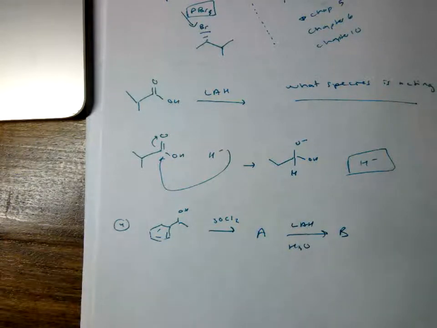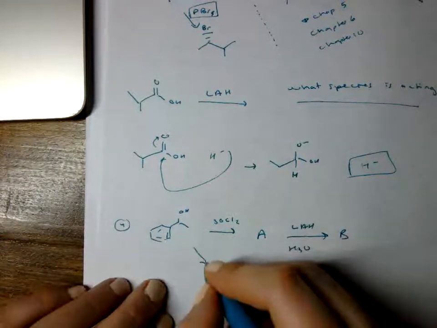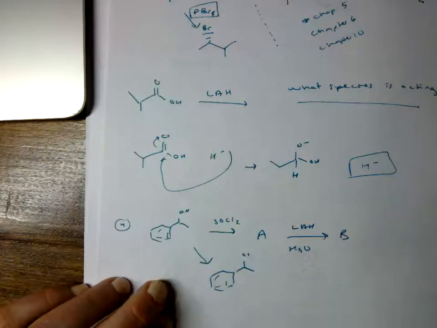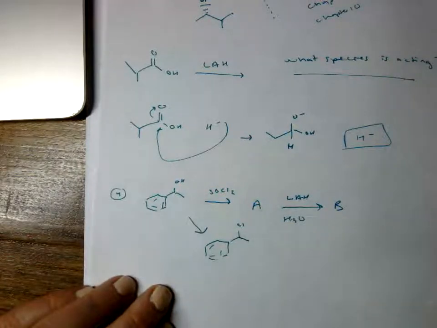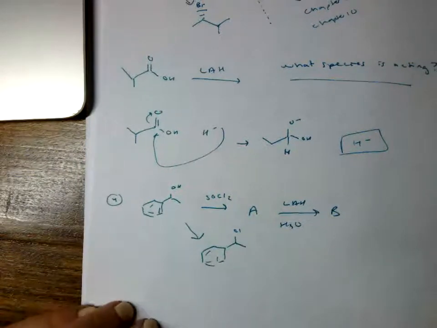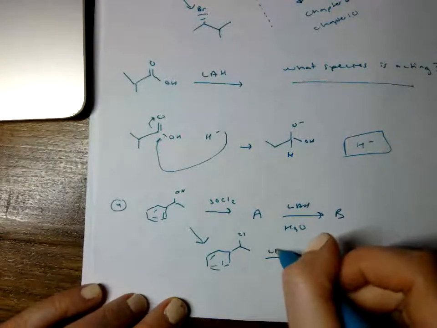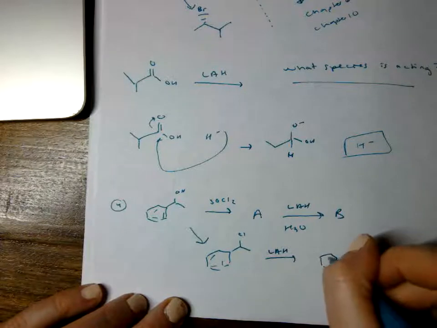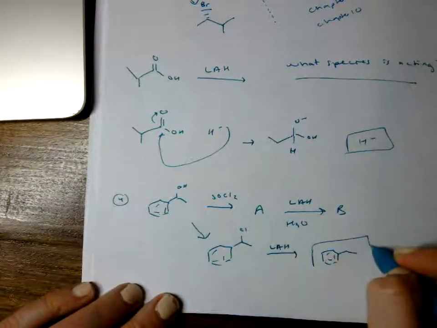Well, if you have alcohol with SOCl2, similar to PBr3, it will turn that into a chlorine if it's primary or secondary. Tertiary doesn't work. It would have inversion of stereochemistry, but stereochemistry isn't given in the first step, so it doesn't matter. And then LAH actually reduces halogens, basically just gets rid of them. So your final answer would look like this.